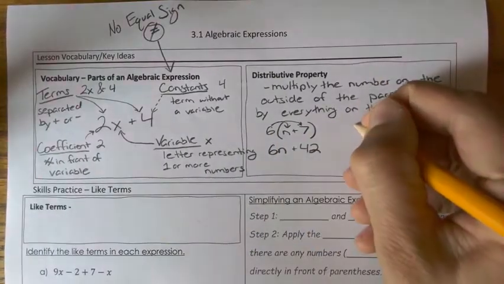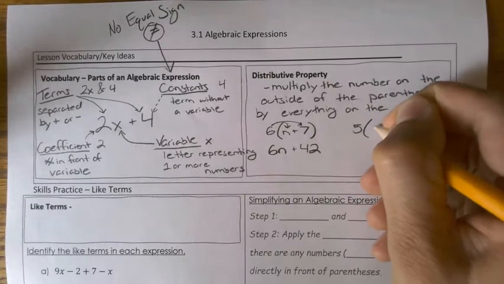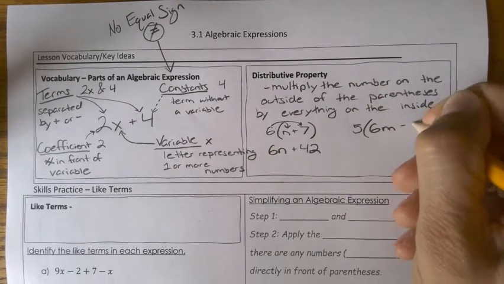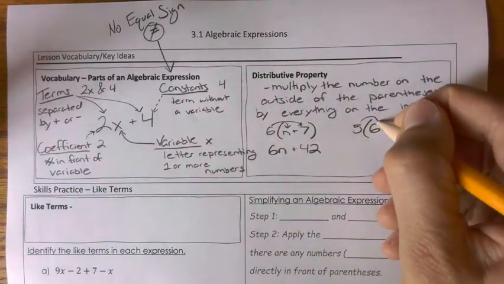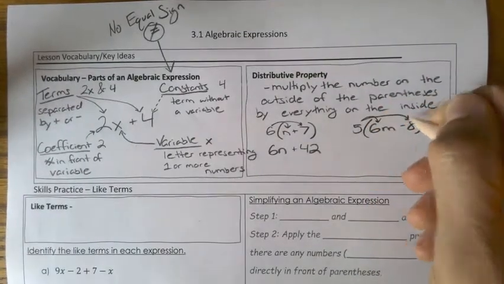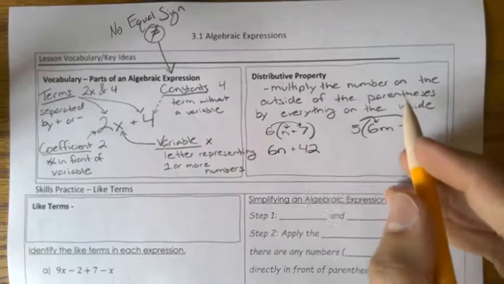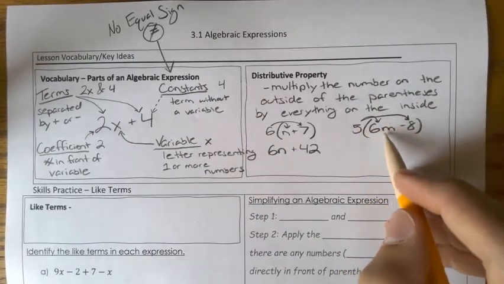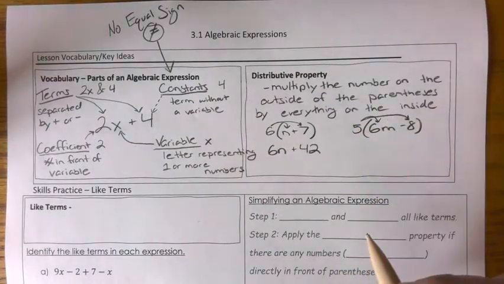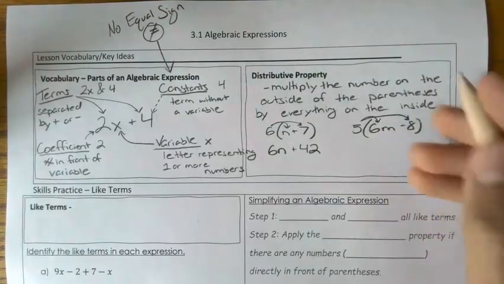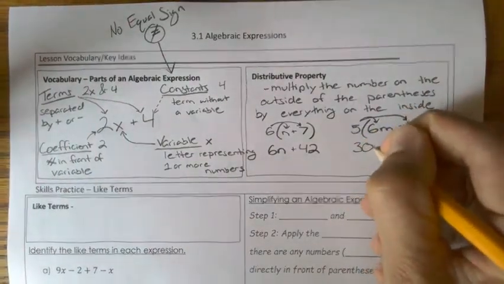Let's look at another one. It could be 5 multiplied by the quantity of 6m minus 8. We need to distribute that 5 and multiply it. 5 times 6m. Okay, so that's 5 6m. So 6m and 6m and 6m 5 times. Or 5 multiplied by 6 is 30 m's.